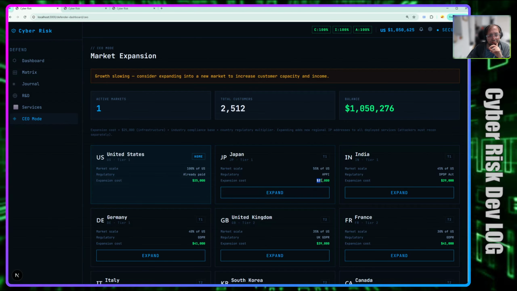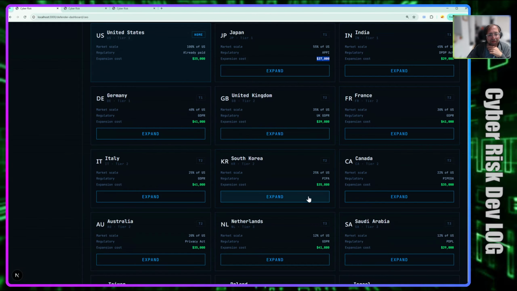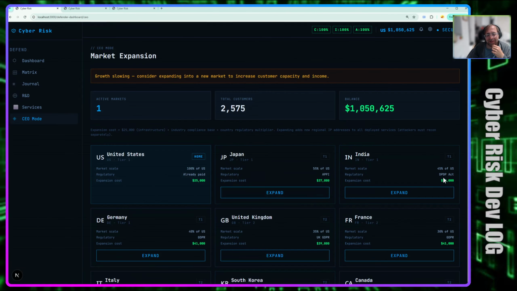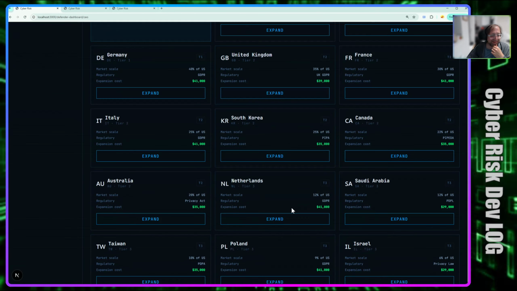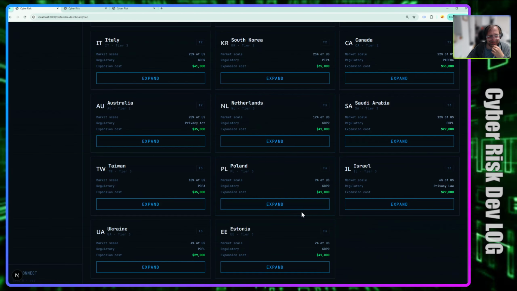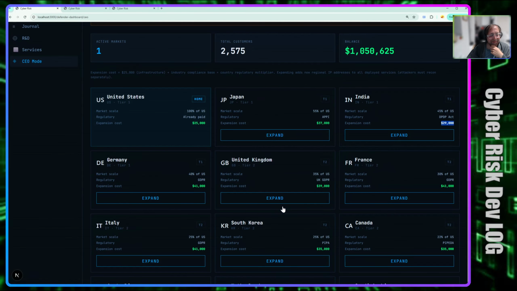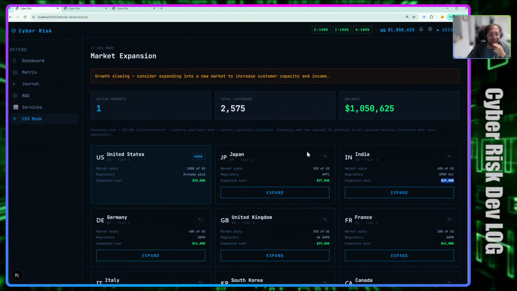But of course, it's going to cost me. These costs, I don't know if they're realistic. It's just a number I put there so that you have to spend money. I might change them in the future. But yeah, you might want to go to Japan, but then obviously you're in a new region, you have to buy more assets to support your business. Good.